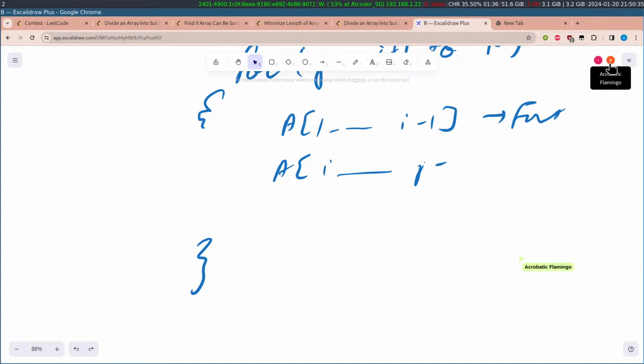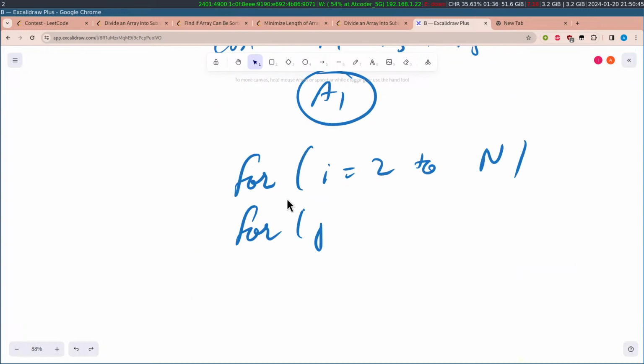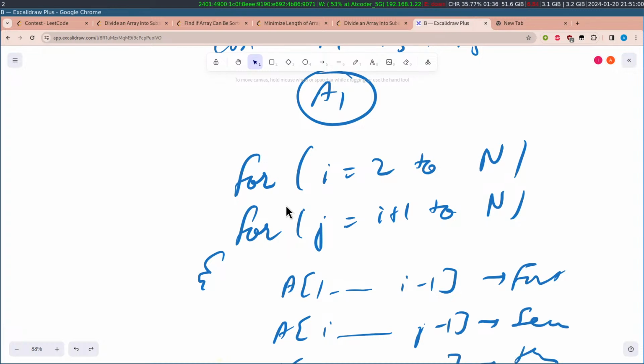We can run a for loop for i equal to 0, and for j equal to i plus 1 to n. Then in that case, your subarray A1 to i is the first subarray, i to j is the second subarray, and Aj to n is the third subarray.